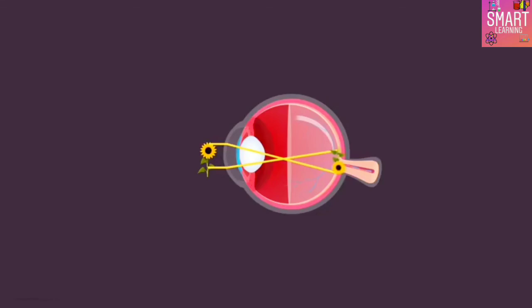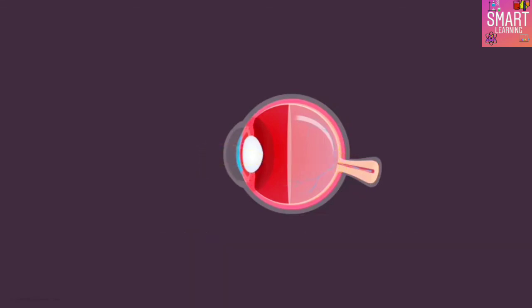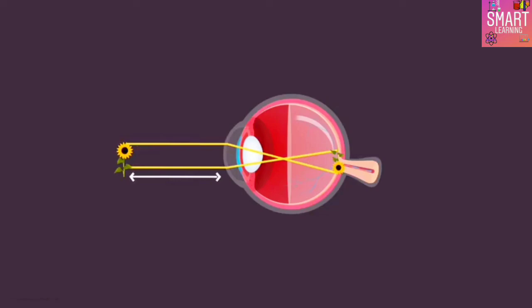When we strain our eyes, what we are actually doing is trying to reduce the focal length of the lens. We can try that, but we will still not be able to see the object clearly. So how do we fix that problem? The solution is simple. The object should be kept at such a distance from the eye that the image is formed on the retina. This distance is called the minimum distance of the object from the eye. And for the normal eye, its value is around 25 centimeters.